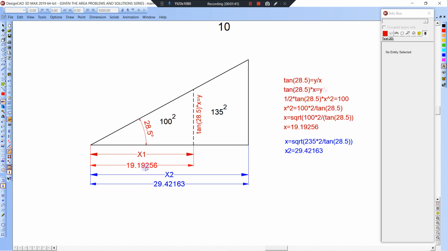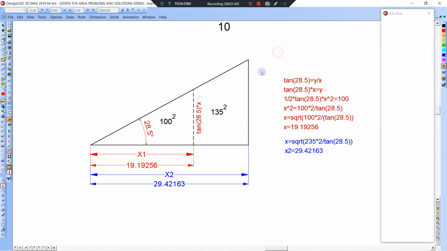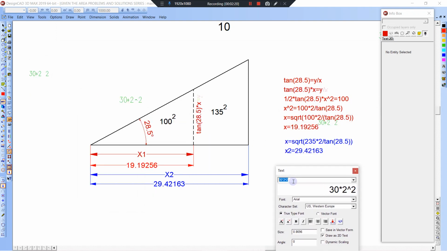And then substitute that with the x that's up here. We substituted it already, and then you end up with tangent of 28.5 times 19.19256.